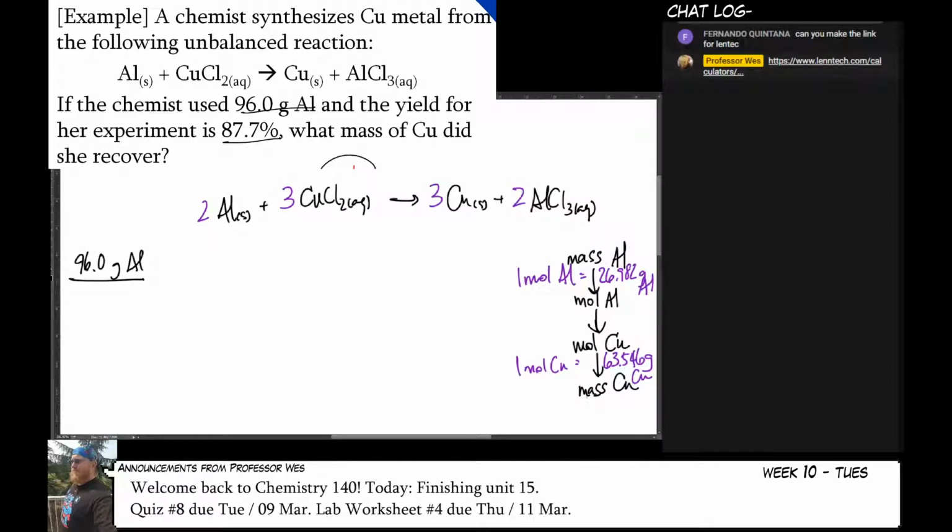And then the ratio of aluminum to copper here, so moles of aluminum to moles of copper, is 2 to 3. So 2 moles aluminum, 3 moles copper.